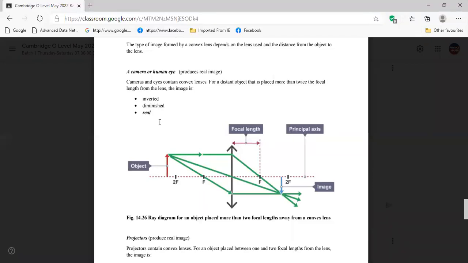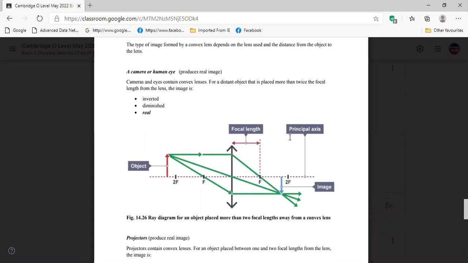So are you done with the heading? Yes, sir. Okay, so look here. We just had the diagram. It is a similar diagram. And what are the properties of this diagram?